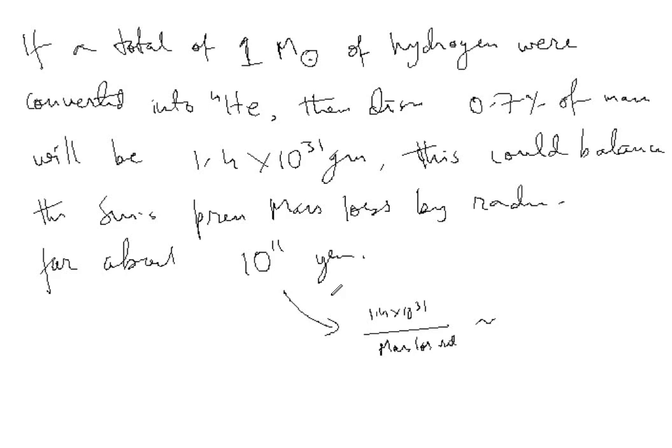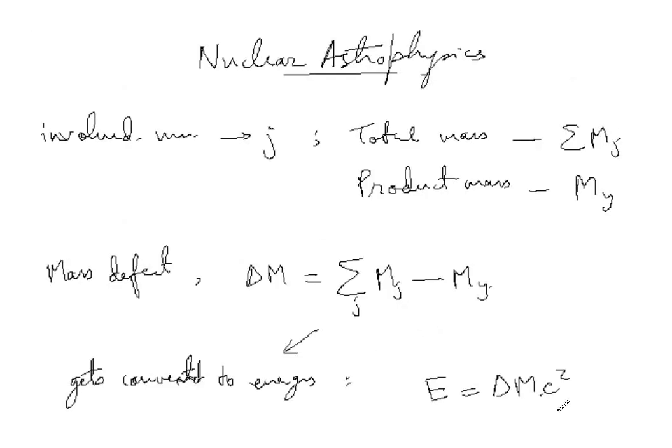Okay. Now, it is important to remember that this deficiency of mass is just another aspect of the fact that the involved nuclei have different binding energies. This is the energy required to separate the nucleons, basically neutrons and protons, against their mutual attraction by the strong short-range nuclear forces.